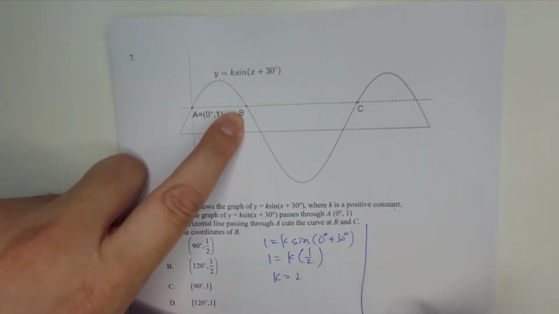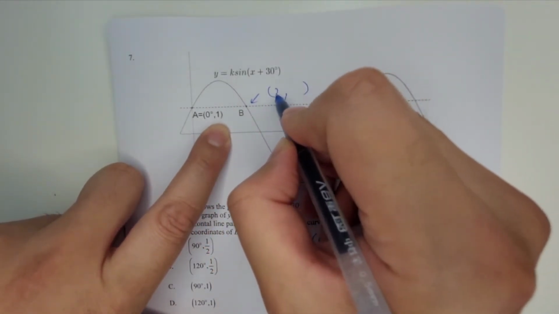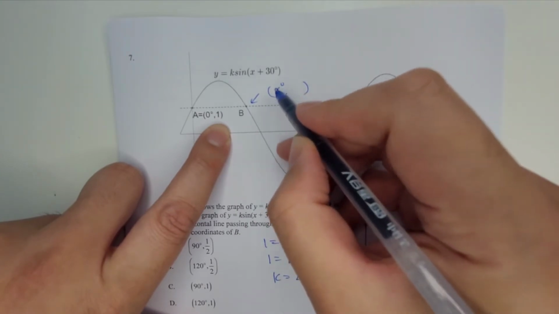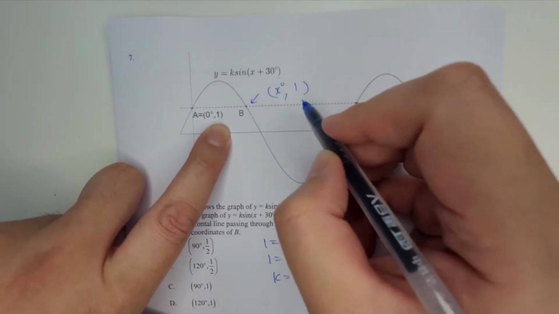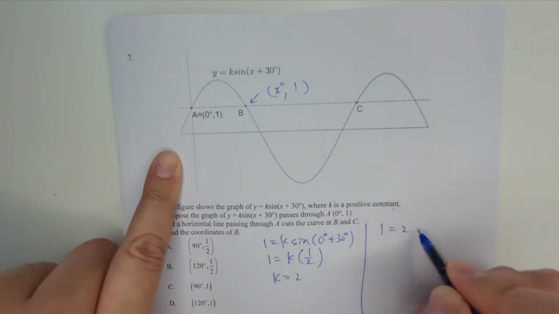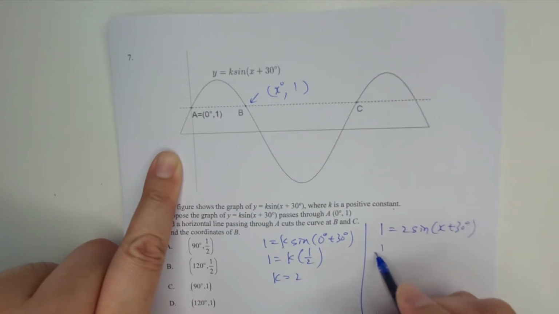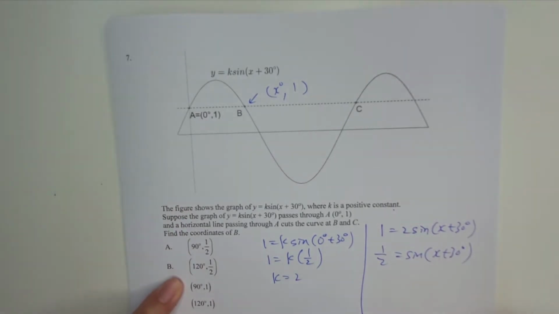Now you need to find B. Again, you can look at this point B. You do not know the value of the x coordinate, but you know the y coordinate is 1 again because it's a horizontal line. So 1 equals 2 times sine bracket x plus 30 degrees. So 1 over 2 equals sine bracket x plus 30 degrees. The point is you need to find x. So you try to substitute numbers inside to make it become 1 over 2.